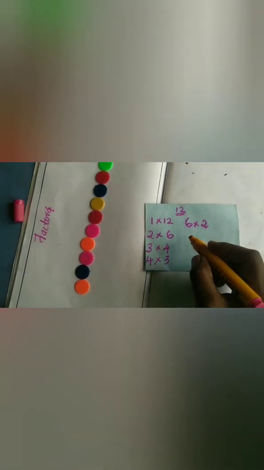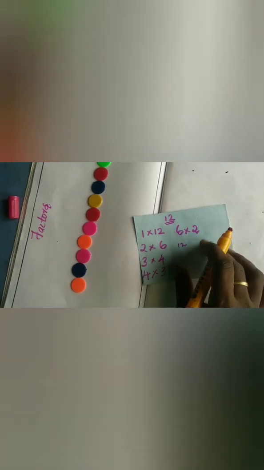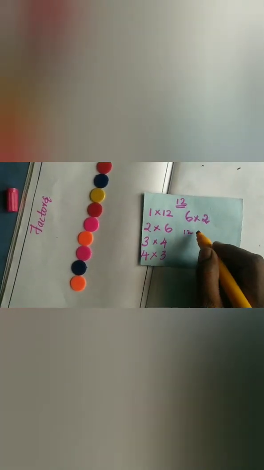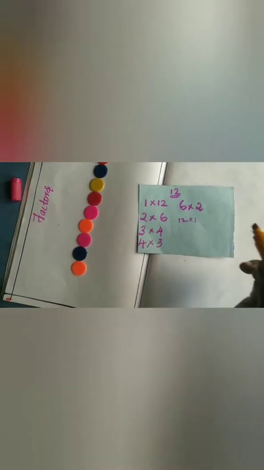So how to write the possibilities? 12 into 1. So these are the possible ways of arranging 12 coins equally without leaving a remainder.